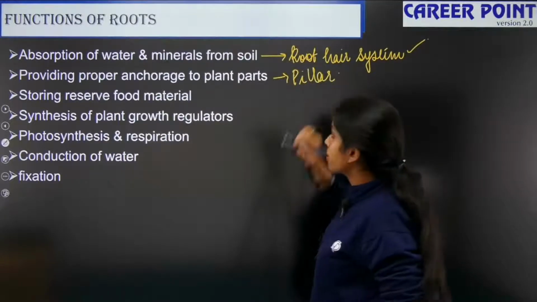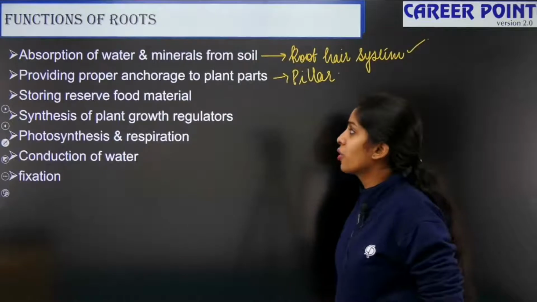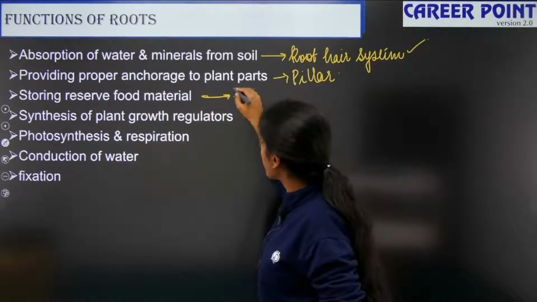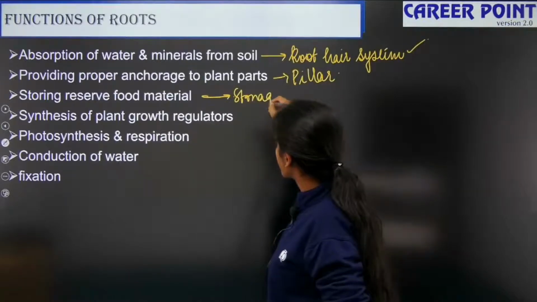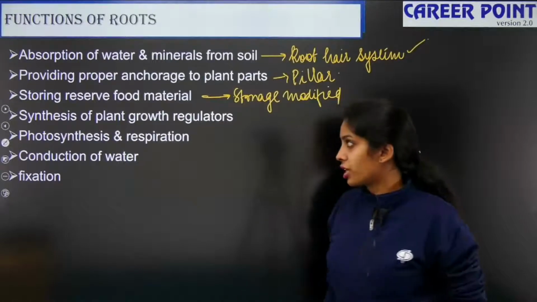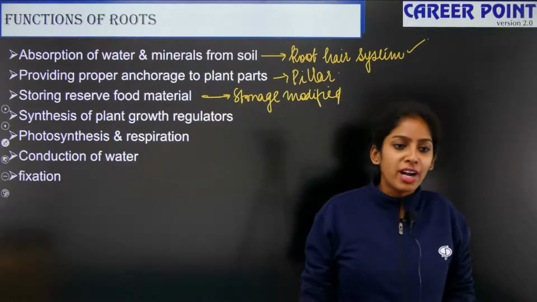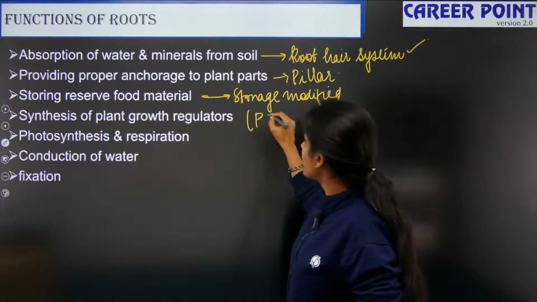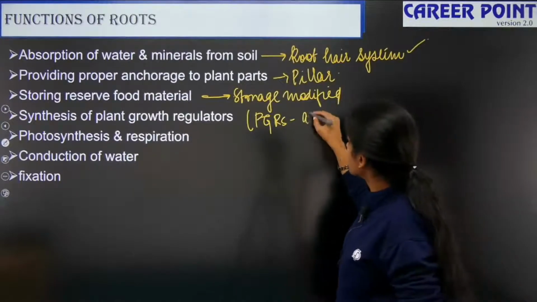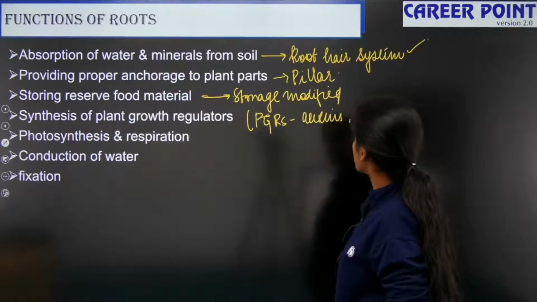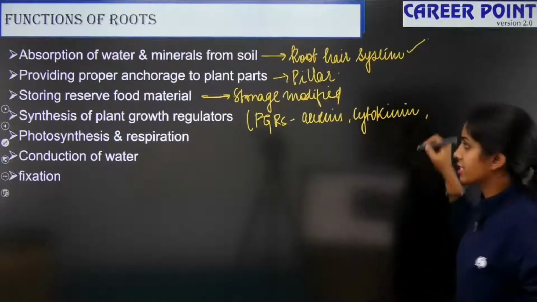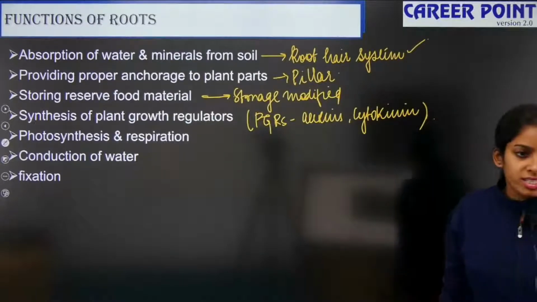It supports the plant, right? The next one is storing reserve food material, so all the roots which have storage modification. From the modification we should be able to deduce the function. It helps in the synthesis of plant growth regulators, that is PGRs. We will talk about PGRs, namely auxin, cytokinin, etc. Then photosynthesis and respiration.